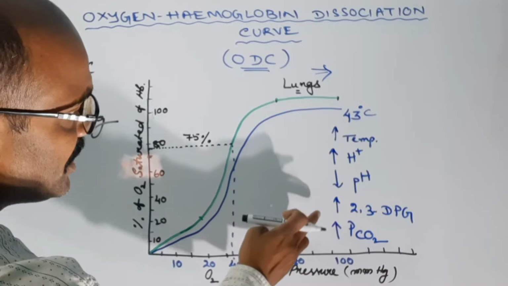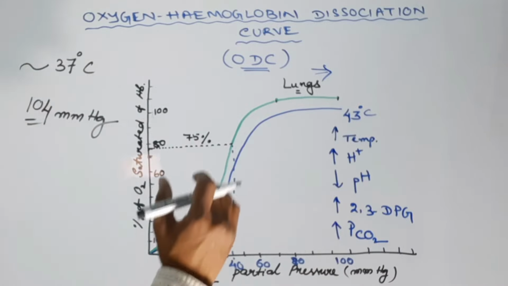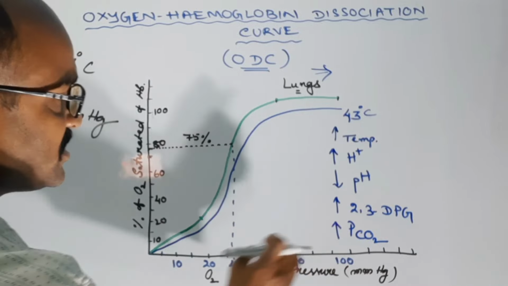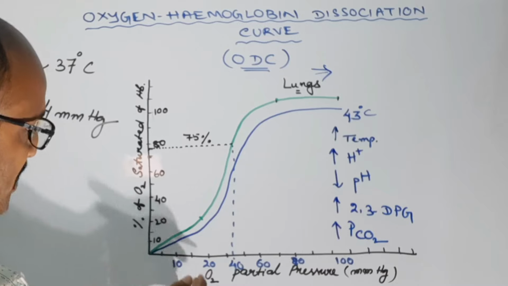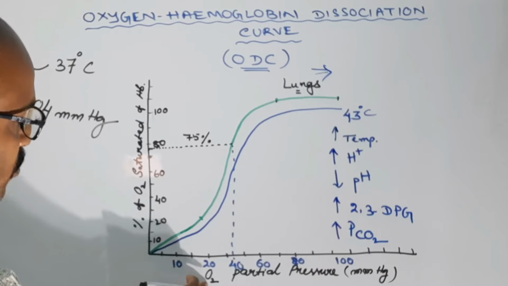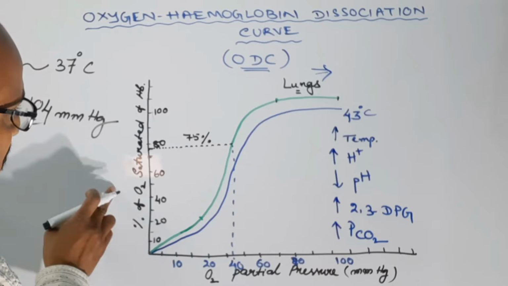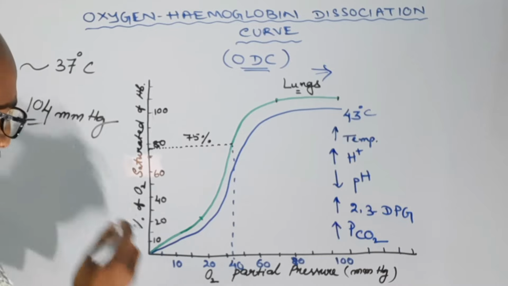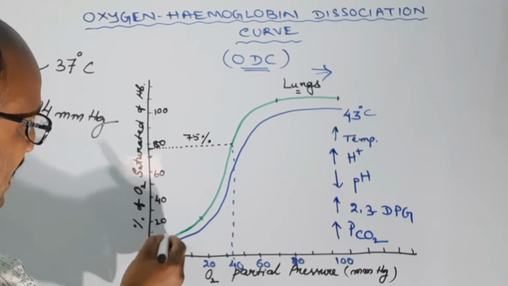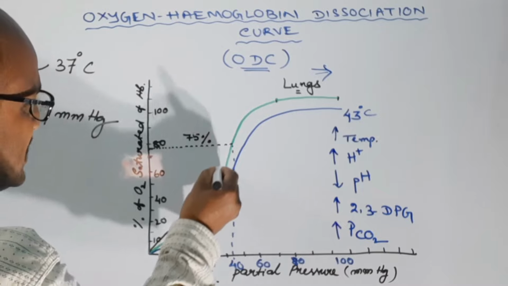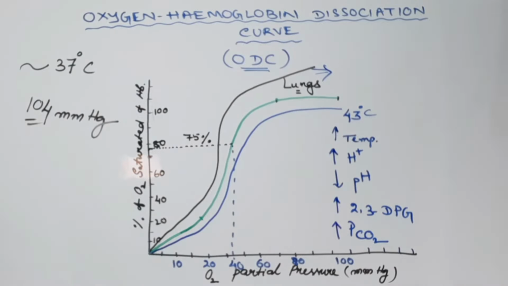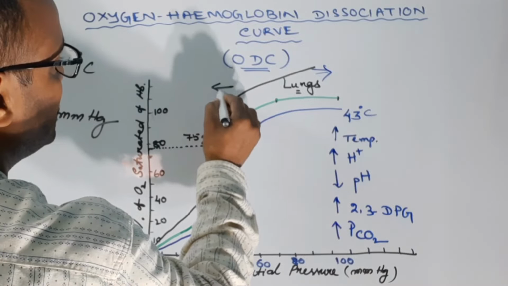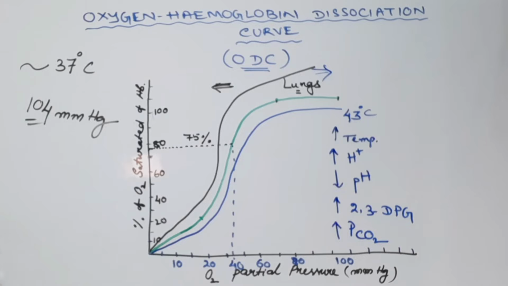If 2,3-diphosphoglycerate goes down and partial pressure of carbon dioxide goes down, then the affinity will increase. So more oxygen will bind with the hemoglobin. That's why the graph shifts to the left side.